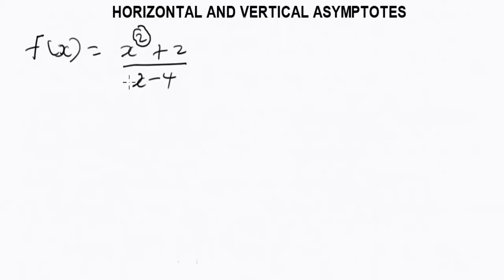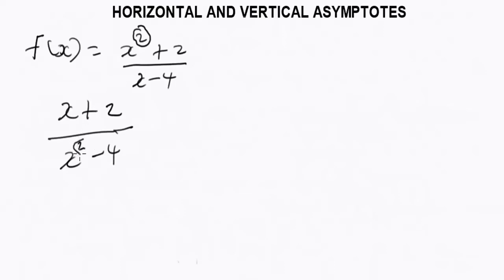Now, what if the question is the other way around? Let's say this time we have x plus 2 over x squared minus 4. In this case, you can see that the highest power of the denominator is now higher than that of the numerator.